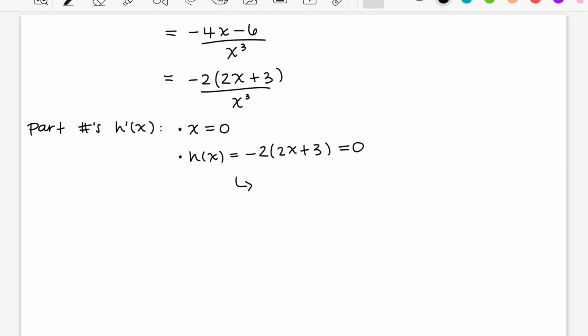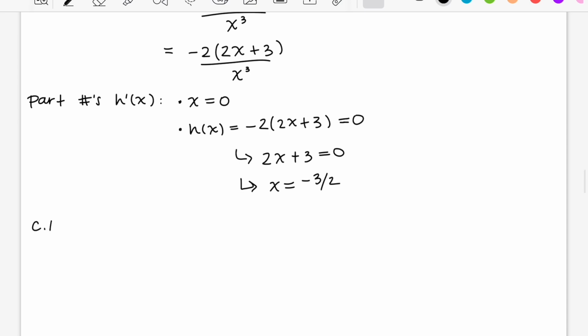So solving for x here, we can divide by negative 2 on both sides, and so this side will stay 0. So we're just looking at 2x plus 3 equal to 0. And we can find this by solving for x, so we'll subtract 3 on both sides and then divide by 2 on both sides. So we get this here.